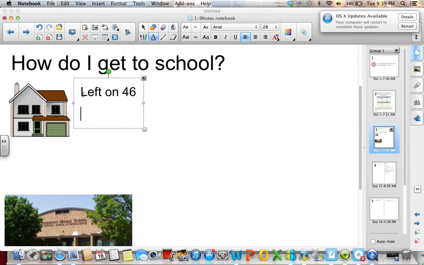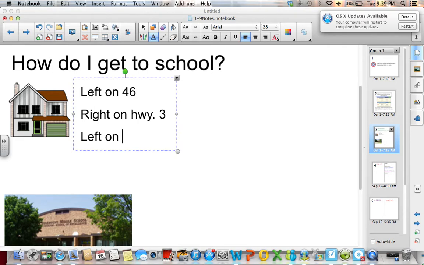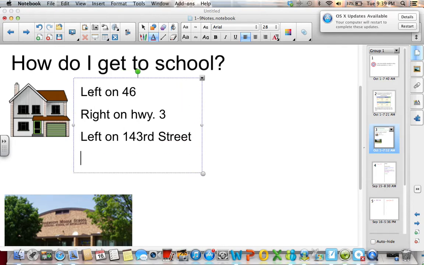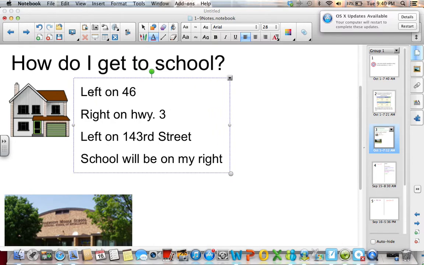I take that all the way to Highway 3 and I take a right on Highway 3. Then from Highway 3, I take a left on 143rd Street. The school will be on my right, if I could spell.